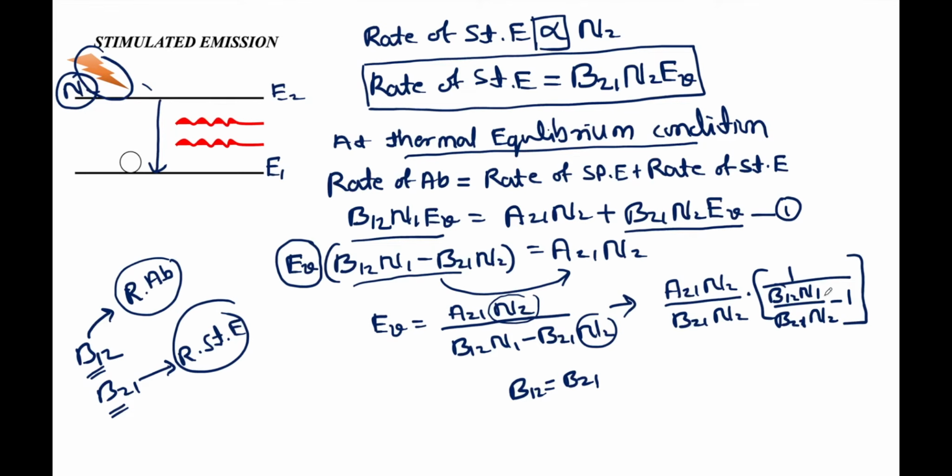Okay. Now we have N1 by N2. In the case of population inversion, we have one equation that we call the Boltzmann distribution law, that is N2 by N1 is equal to e raised to minus h nu by kT.